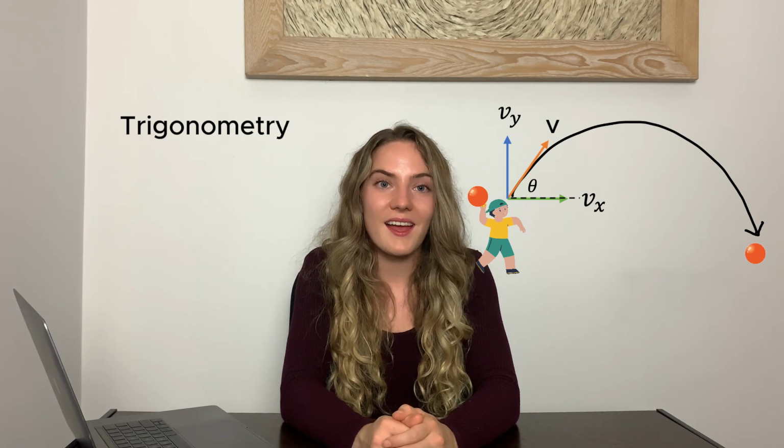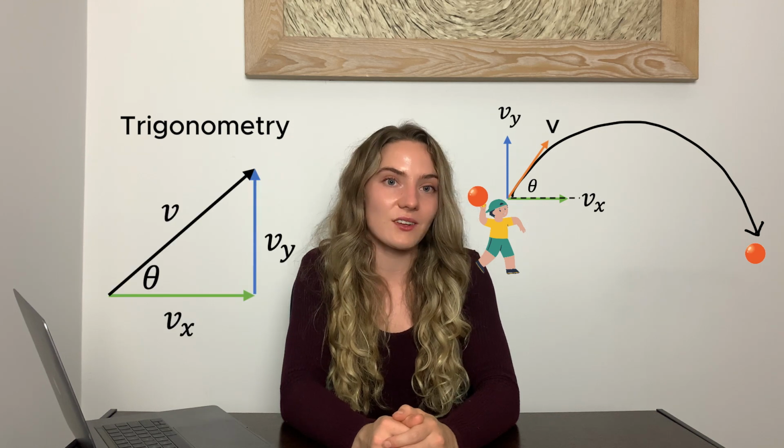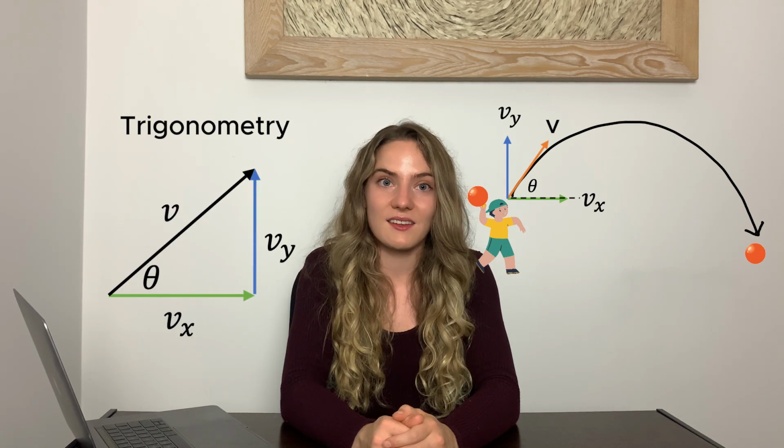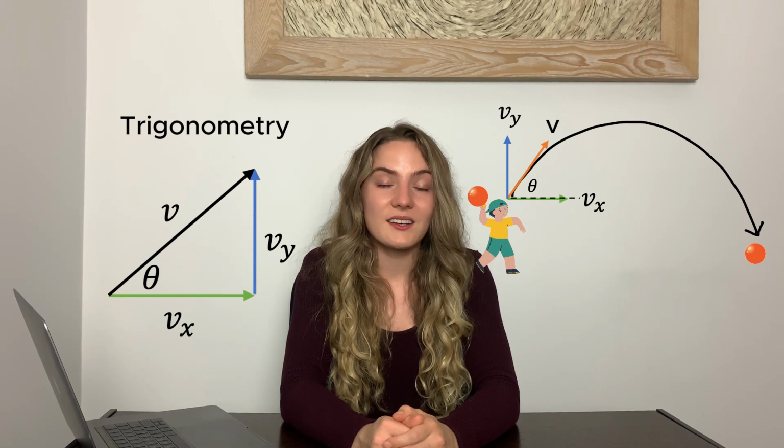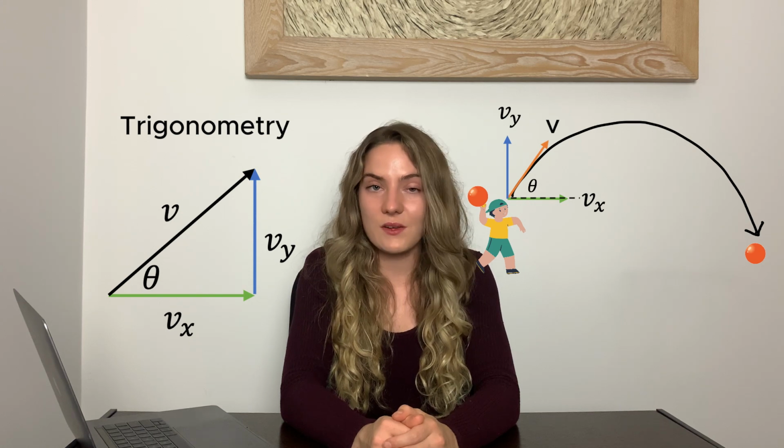Now here's what people usually get caught up on. If you are given the initial velocity v, how do you find vx and how do you find vy? Well, you have to use trigonometry. And when you set up a right-angled triangle with vx, vy, and the hypotenuse v, you can use trigonometry to solve for Vx and Vy.